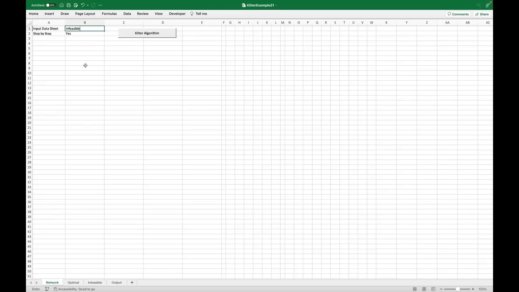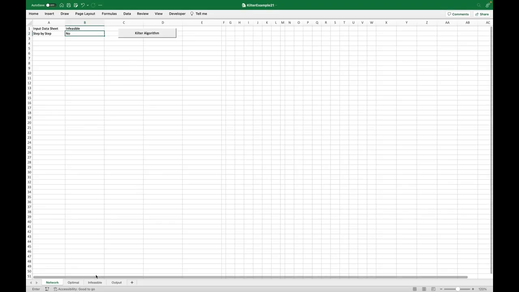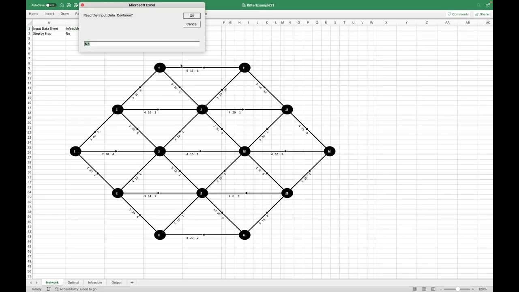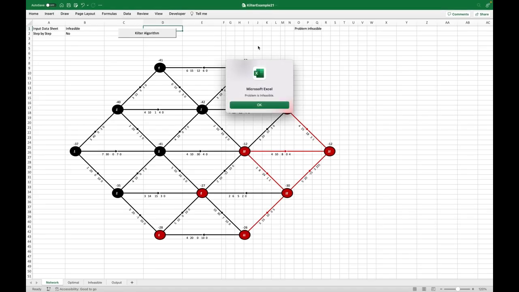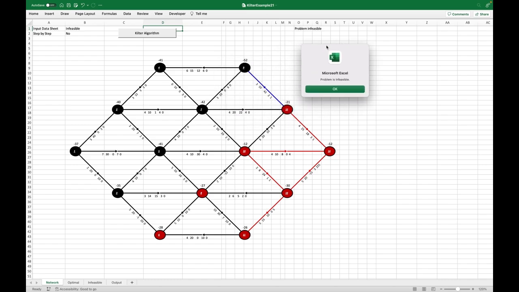And I don't need to see the step by step, so I'm just going to do this. So the algorithm is going to read now from this file for the input. So I start the algorithm, it reads the input, and then I say OK. And it's going to try to find the optimal solution. And here we go. It came out and says the problem is infeasible.